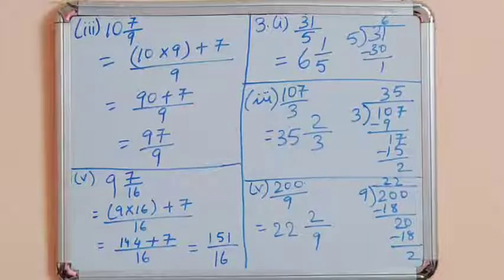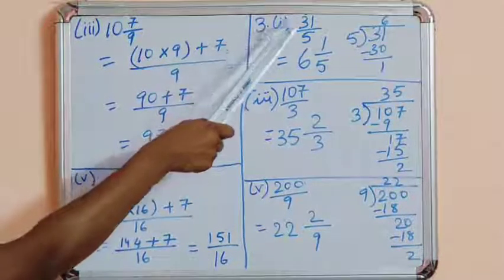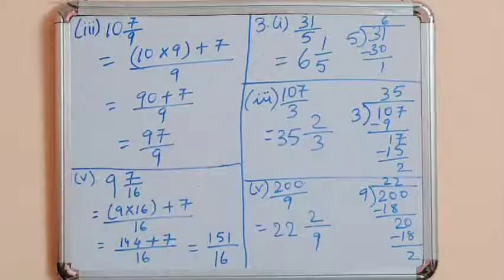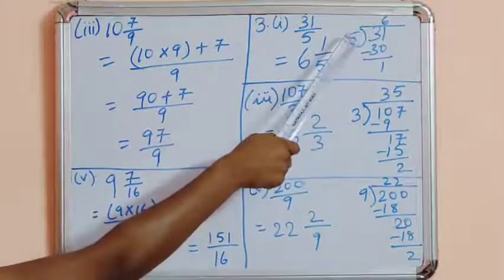Now let us move to question number 3. Convert each of the following improper fractions into a mixed fraction. So here we have to move from improper fraction to mixed fraction. So number 1 is 31 by 5. See, in order to convert improper fraction to mixed fraction, you have to divide these two. You do the division, you show the division here.